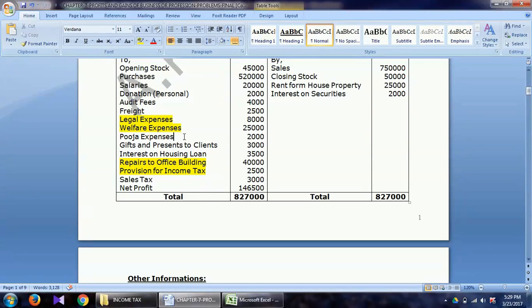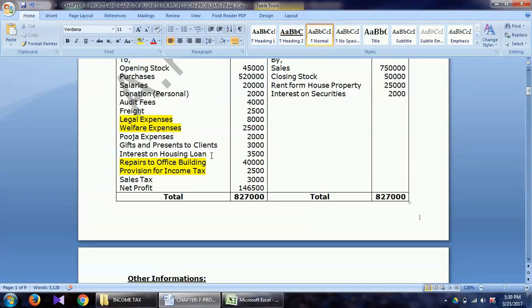Here nothing is given relating to puja expenses. We will assume that these expenses have been incurred at the place of the business, and hence these expenses will be allowed as a deduction. No adjustments for puja expenses. Then gifts and presents to clients are official expenditures and will be allowed as deduction.